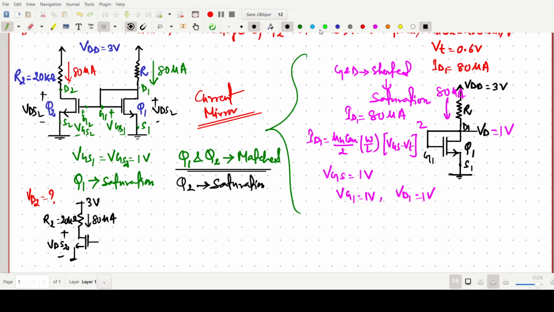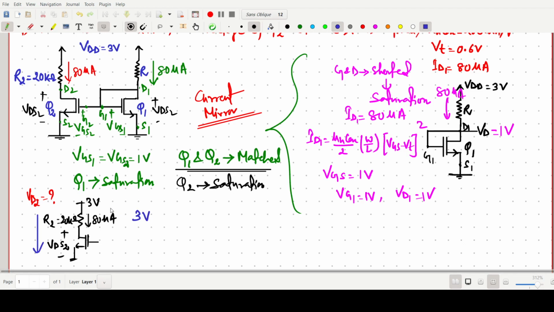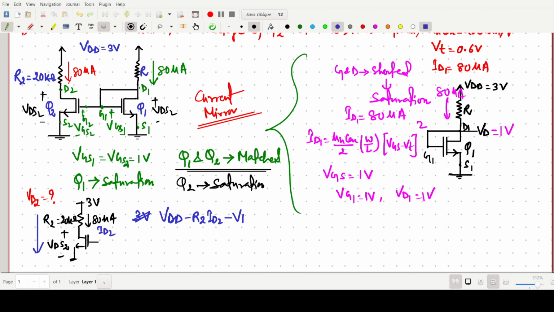Okay, so if we apply KVL in this loop, we can write 3 volt, that is our VDD, or simply we can write like first write VDD minus R2 ID2. This one is simply our ID2 current. So better to write minus R2 ID2 minus VDS2. Okay, some voltage equation.